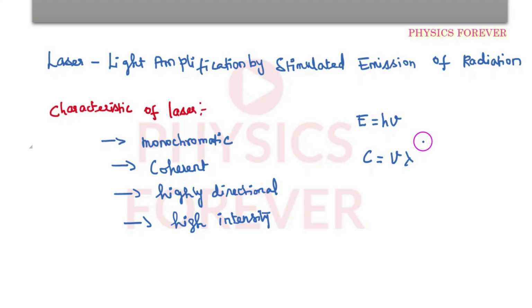What are the important requirements for laser operation? First is the active medium, second is pumping, and third is the optical resonator. Those are the most important laser operation requirements. Next we will discuss some MCQs on laser.